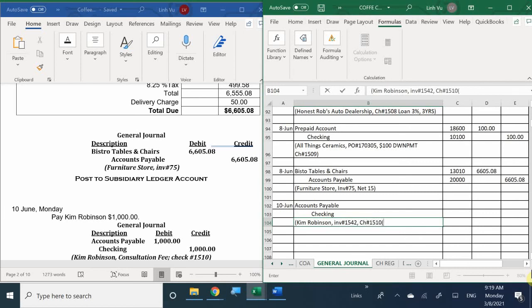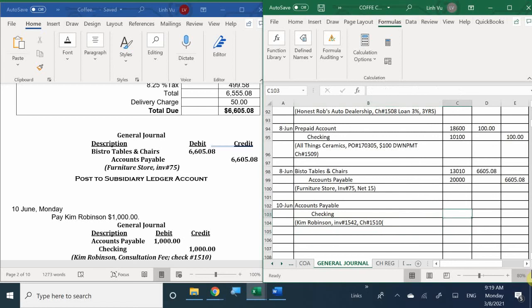So this one is telling me that I used a check number 1510 to pay for this particular invoice that I owe. All right. So this is where you're keeping your journal just as organized as possible and making links to things that you've made a payment to, right? So I took my 1510 check and I made a payment towards the invoice number 1542.